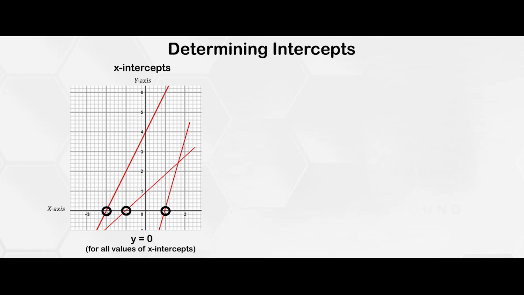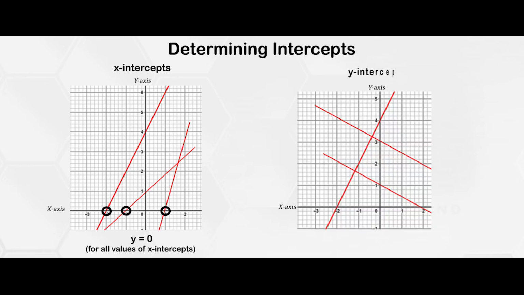Now, going to the y-intercepts, again, let us draw some random lines and try to point out the y-intercepts. So we have the y-intercepts here. Similarly, we notice that while the value of y-coordinate changes, the value of x-coordinate does not change. The x-coordinate always remains same for all the y-intercepts, and that is x equals 0.